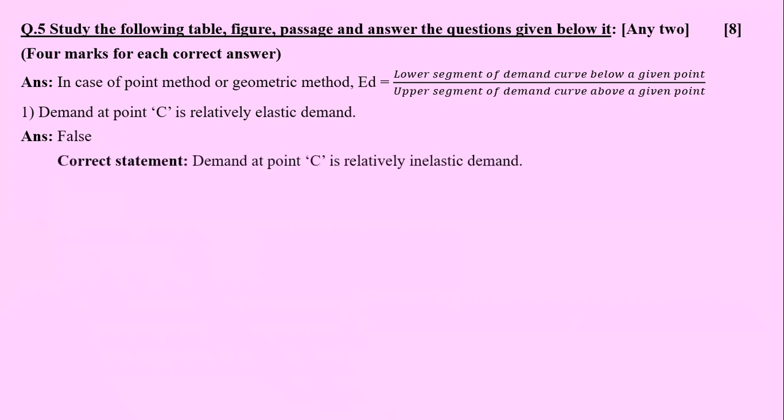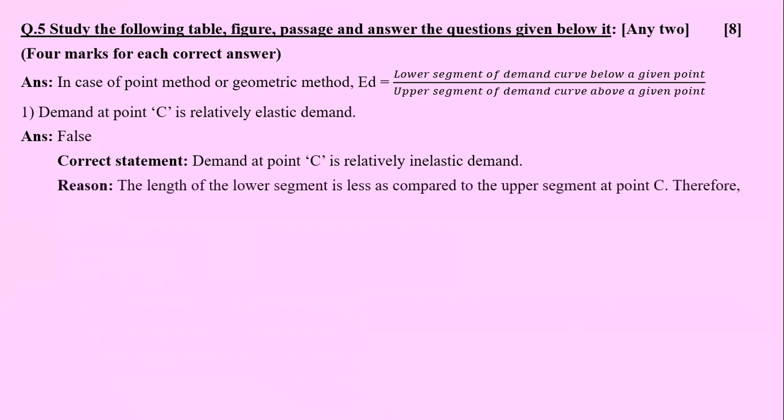What is the correct statement? Demand at point C is relatively inelastic demand. Reason, the length of the lower segment is less as compared to the upper segment at point C. Therefore, ED is smaller than 1. Thus, at point C, demand is relatively inelastic.